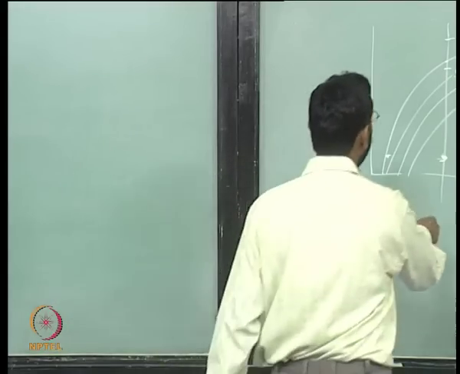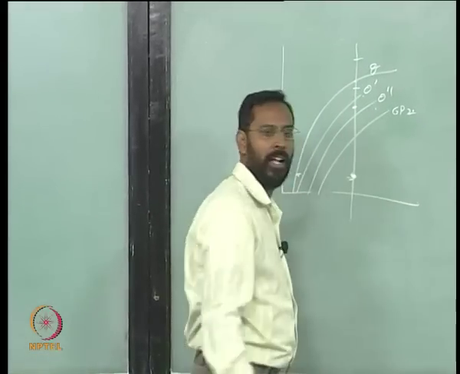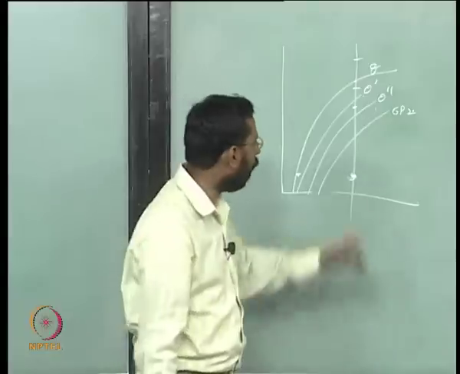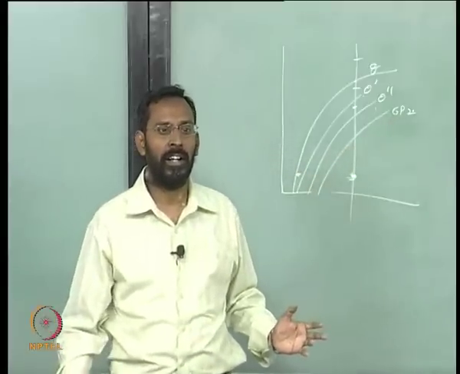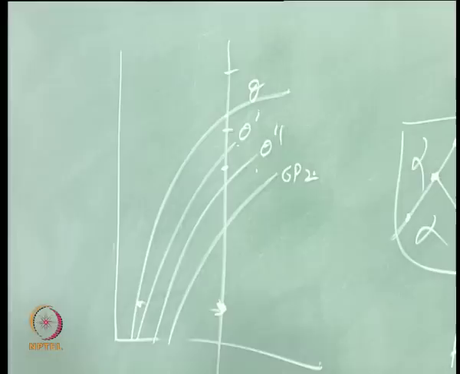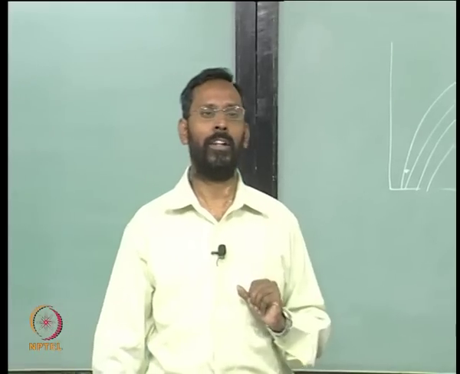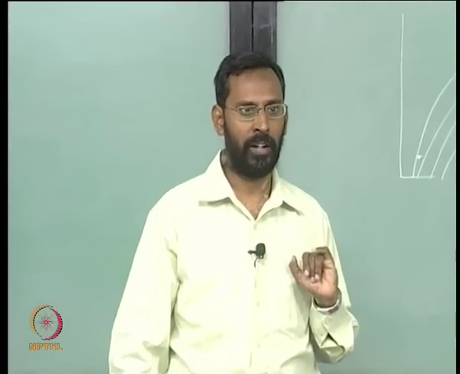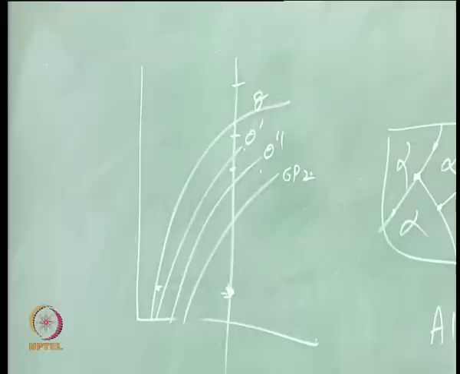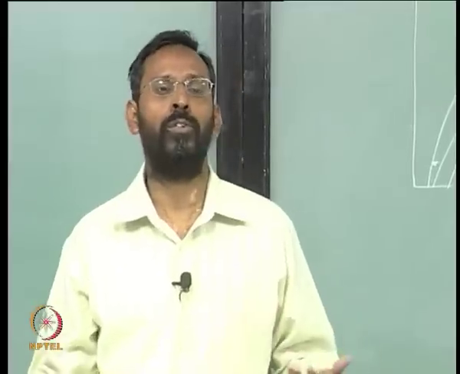This alloy, for example, if I bring it and keep it here, it cannot precipitate GP zones, though they are the most coherent, because there is no driving force for the GP zones to nucleate. So, you need to have a driving force for the phase to nucleate, and among the phases that have the driving force, the system will choose the one which has the best coherency, which needs the lowest energy to nucleate.